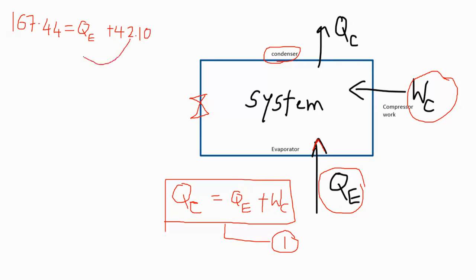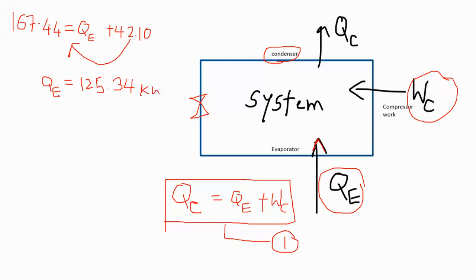So now take this on the other side, and you will get how much heat is extracted from the evaporator, and that is the capacity of the system. So our answer is 125.34 kilowatt.